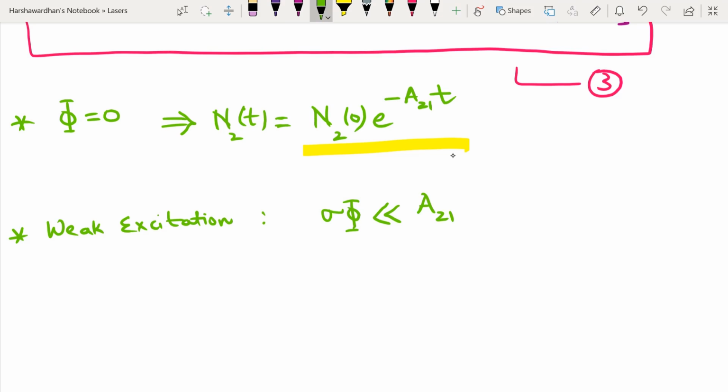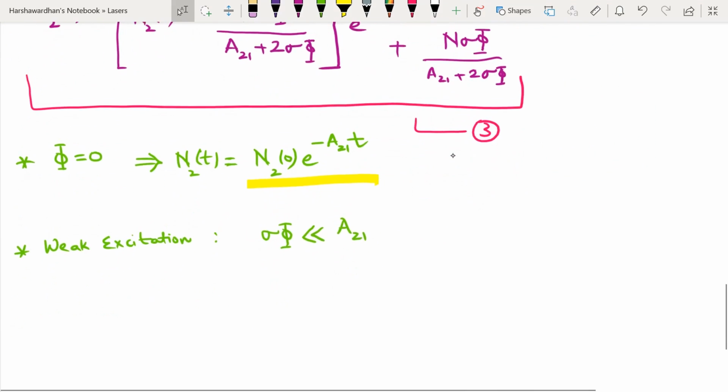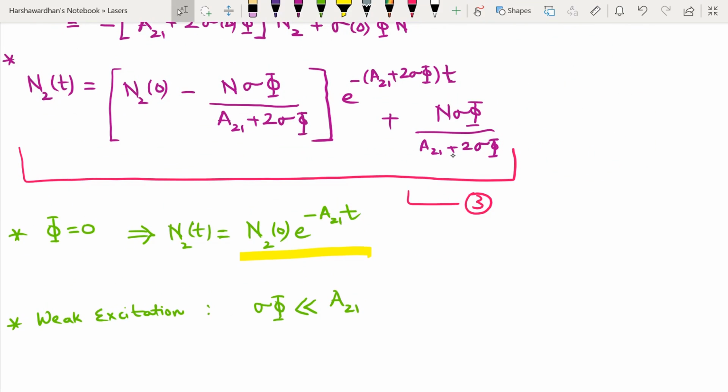Remember, sigma times phi is telling me the amount of photons impinging times, of course, the cross section. It is giving me a rate, and I'm comparing this impinging photon rate to be much smaller than the spontaneous emission rate, which is the natural time scale of decay or rate for my atom. So in the weak excitation limit, clearly my sigma phi is much smaller than A21. So again, let us look at equation number 3 and see what it tells you within this regime.